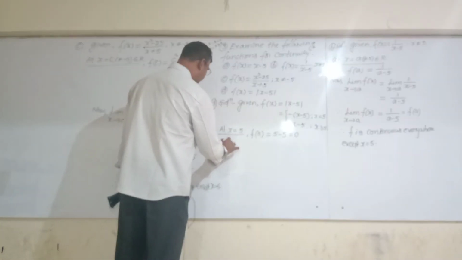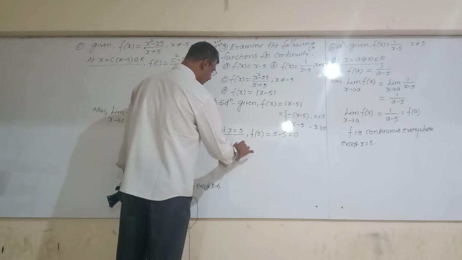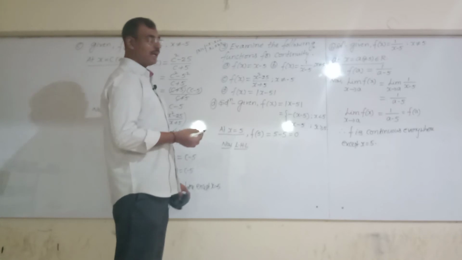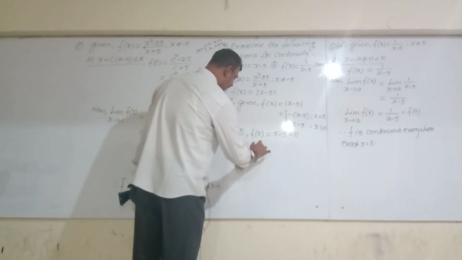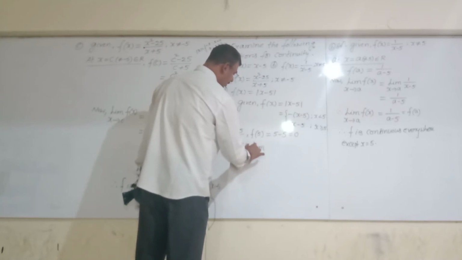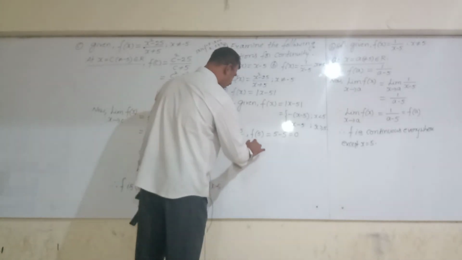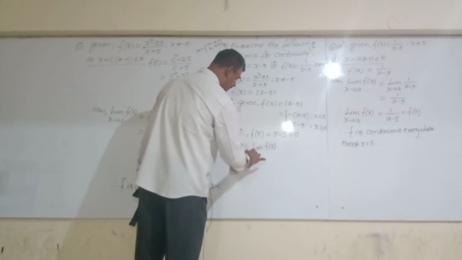Now I have to find the limit functions, that is the left hand limit. First one is the left hand limit. Left hand limit concept: limit of f of x as x approaches 5 minus.